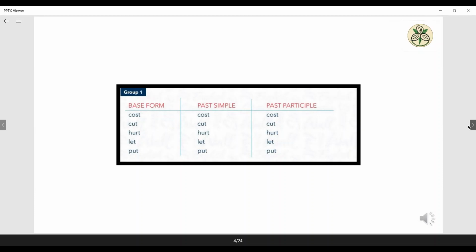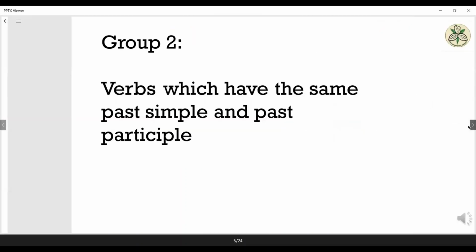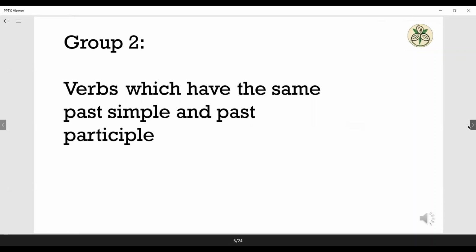You can see that cost will remain cost and cost, hurt will remain hurt and hurt, and so on and so forth. In group number 2, we will see that there is a slight change, verbs which have the same past simple and past participle.